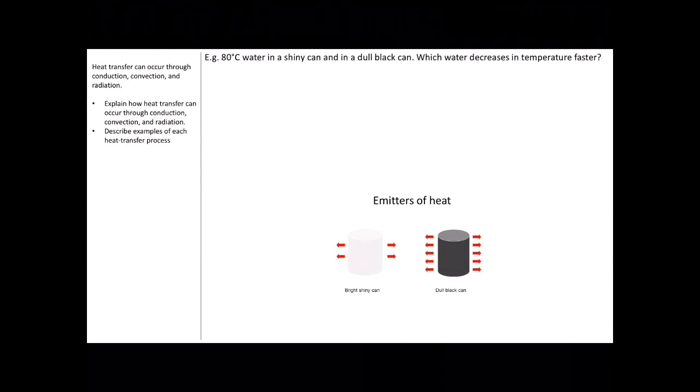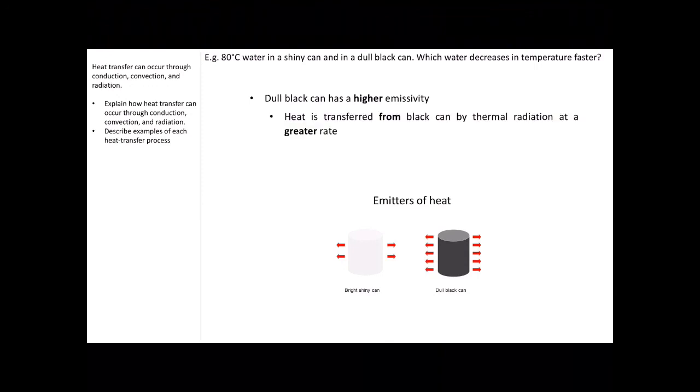Because the black can has the higher emissivity, heat is transferred from the black can by thermal radiation at a greater rate, and this means that there's a much more rapid decrease in the temperature of the water in the black can, because the black can itself is getting rid of its thermal radiation.